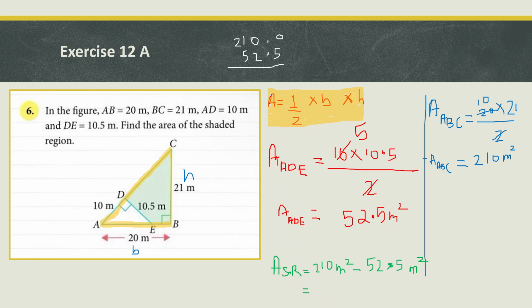Take the point and 0, so this would be 10, then 9, 10 minus 5 is 5, 9 minus 2 is 7. So area of shaded region is equal to 157.5 meter square. Right, this way we can solve these types of questions.